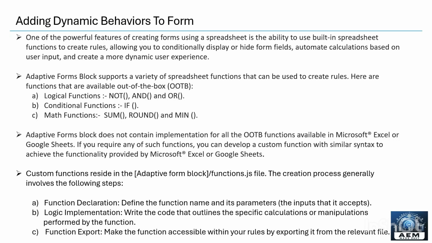Here are some of the out-of-box functions which are available. Some logical functions are available, like not, and, and or. Not gets the reverse of the value: if it is true, it will return false, and if the value is false, it will return true. We all know this, and we have been using these functions for a long time. It's similar to what we use in Java. With and, if both conditions are true, it will return true, and with or, if one of them is true, it will return true.